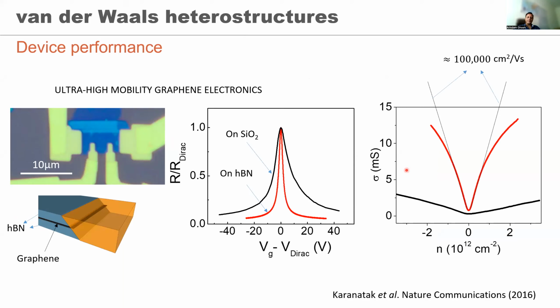So you can see that the mobility of graphene near room temperature can be as much as 100,000 centimeters squared per volt second if you encapsulate it in 2 boron nitride layers. Whereas the black one is essentially bare graphene sitting on silicon oxide, and because of all the traps, etc., inside the silicon oxide, the mobility is seriously degraded.